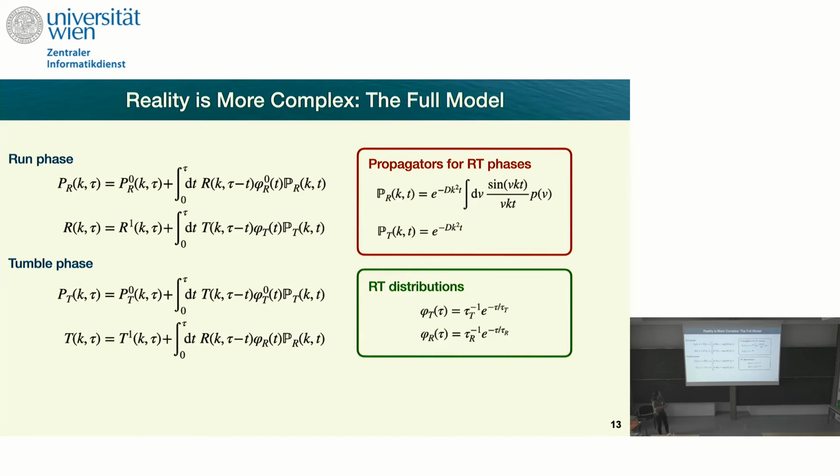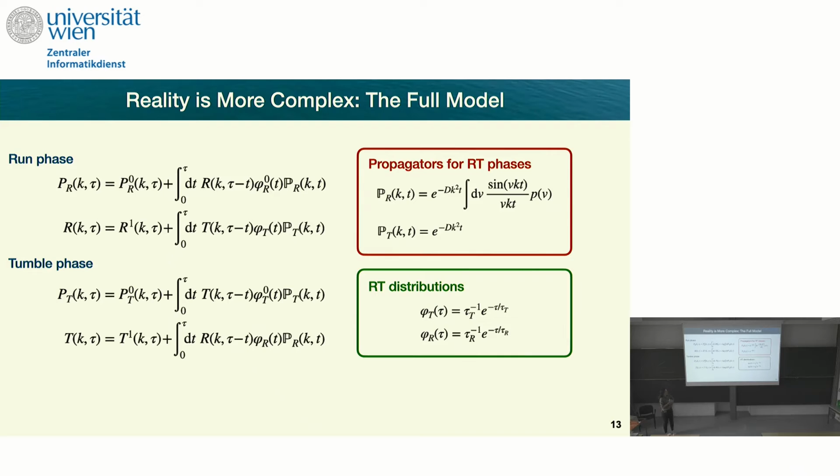So that leaves us essentially with 4 equations, 2 that describe the run phase and 2 that describe the tumbling phase. And I don't want to go into detail, but here it's just the propagator, so we can decide on how the cells move in either of those phases. So in the run phase, we say they just move straight, and there's a certain velocity distribution associated with it.